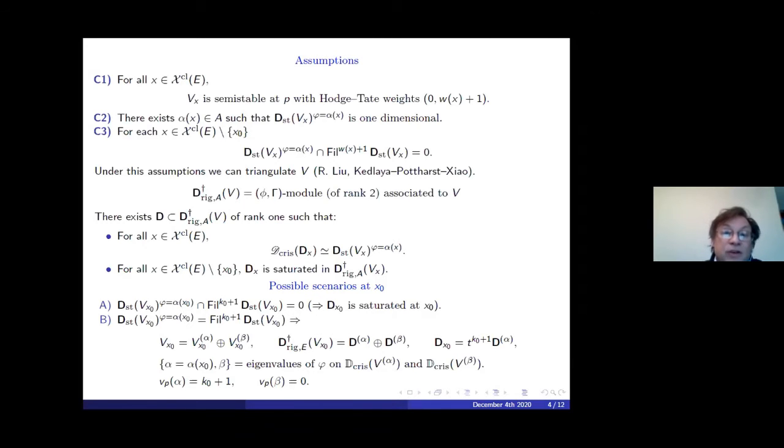Namely, if we consider the phi gamma module of rank 2 over the big Robba ring associated to V, this phi gamma module has a canonical submodule D of rank 1, which satisfies the following properties.